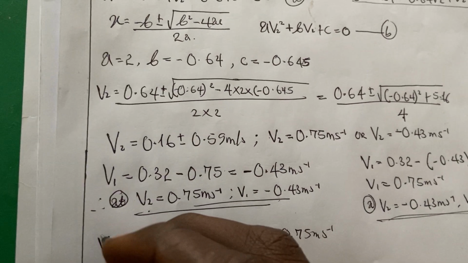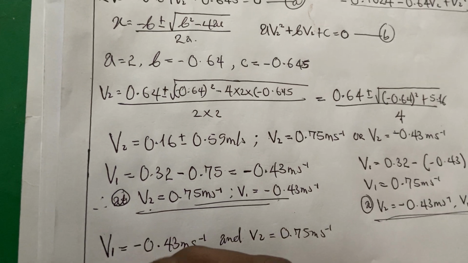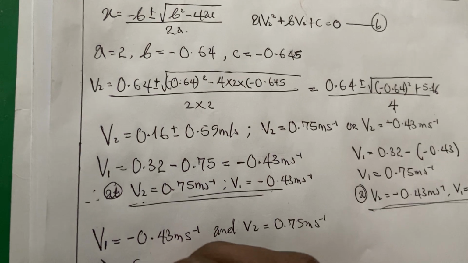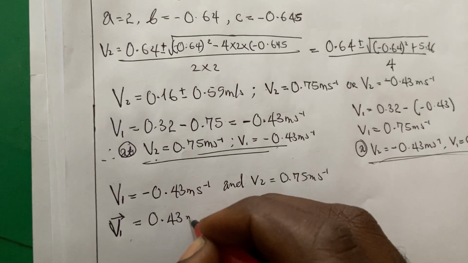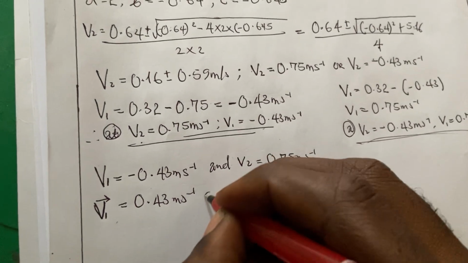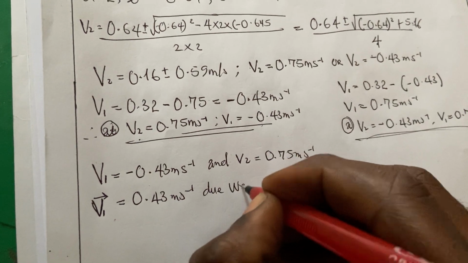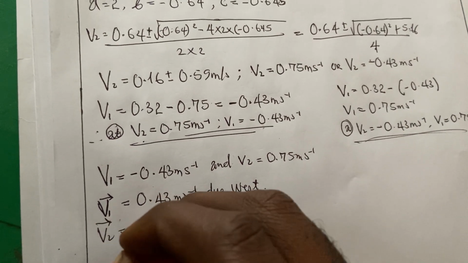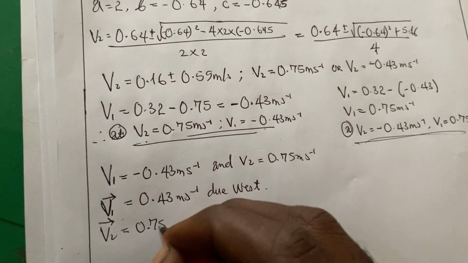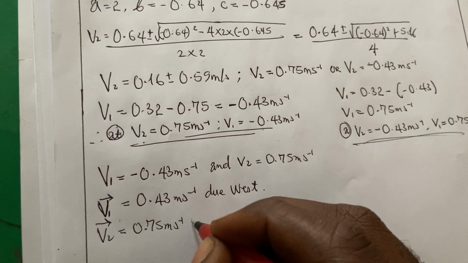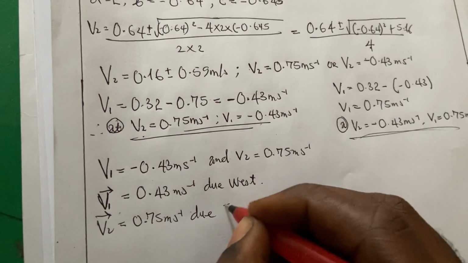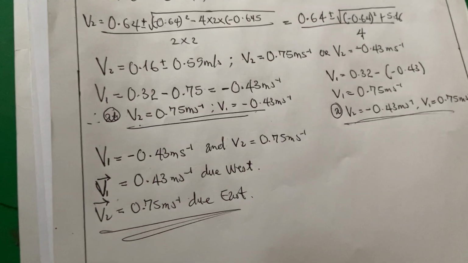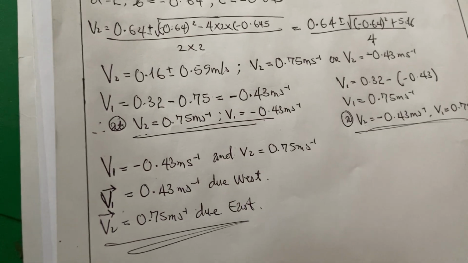Now, since they are vector quantities, the velocity of v1 will be 0.43 meter per second due west, and v2 will be 0.75 meter per second due east. All right, so this is the solution to that question. Thank you very much.